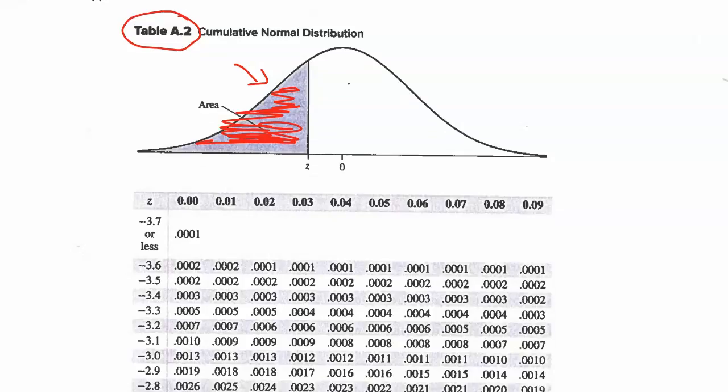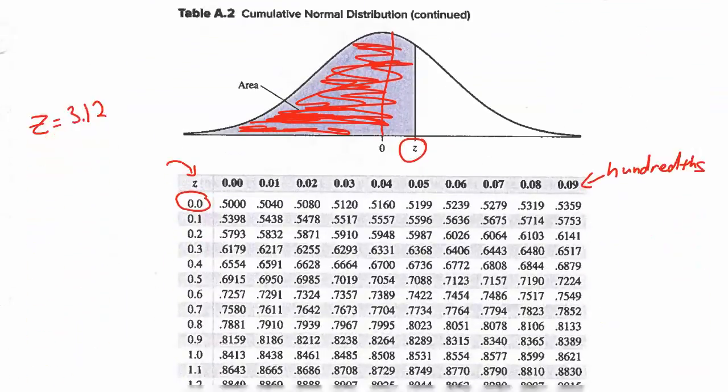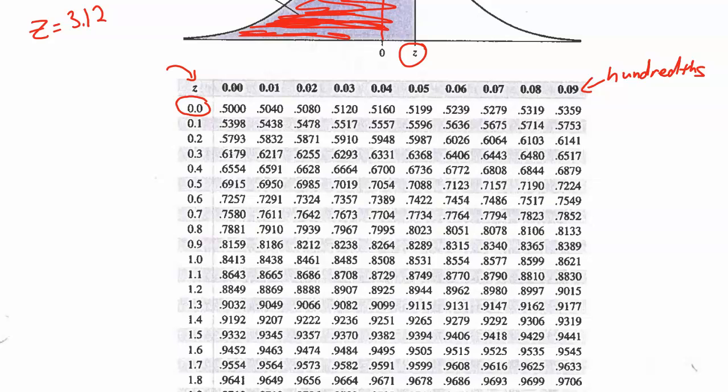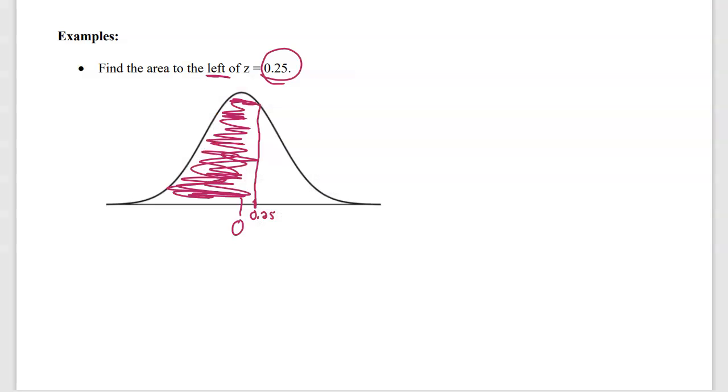So I'm going to look up a positive, so I have to go down to my positive 0.2, and then I'm going to come over here to the 5, and I'm going to go across and down to where they intersect, and this right here is the area to the left of 0.25, which makes sense because it's more than half, because right at 0 would be half, and I've got a little bit more.